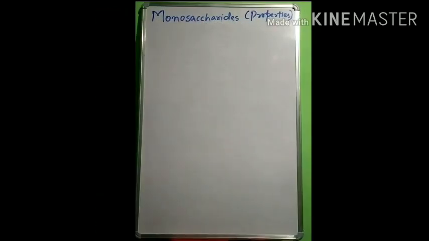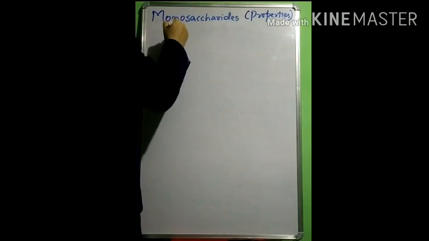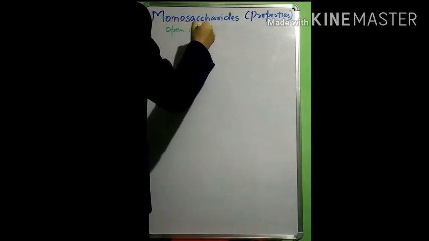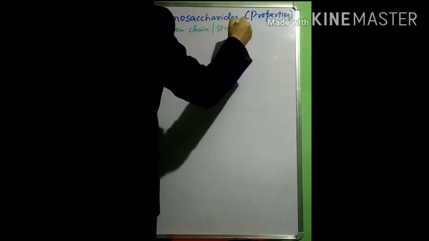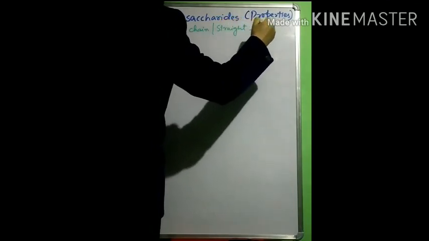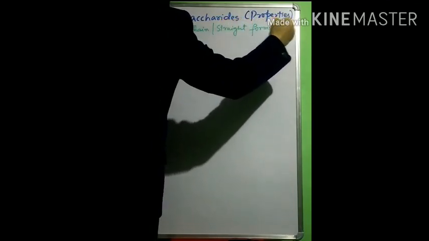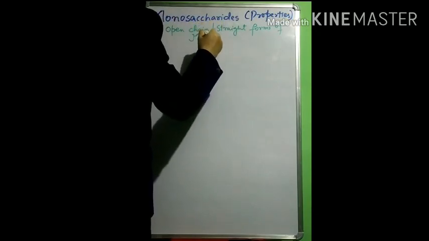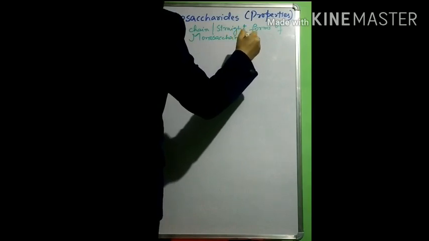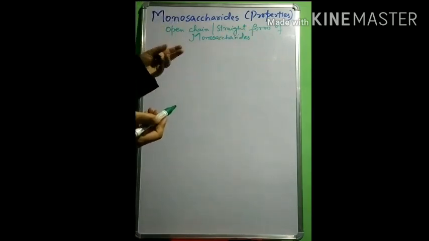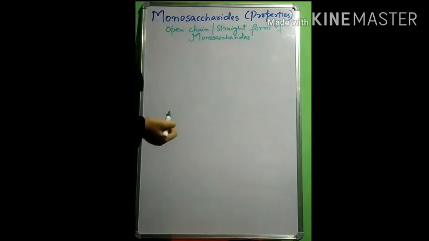Students, let us draw some open chain, or you call them straight forms, of monosaccharides. This will help you in AIIMS and other examinations also, because you must have a strong hold on monosaccharides.